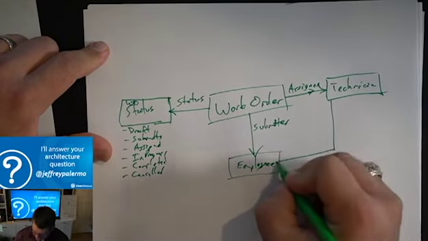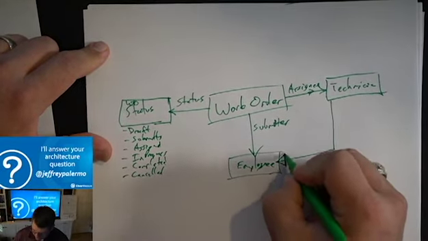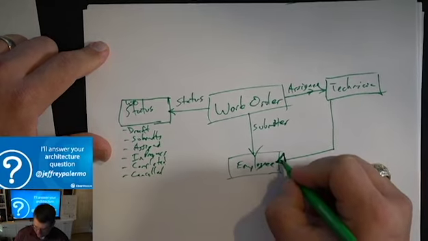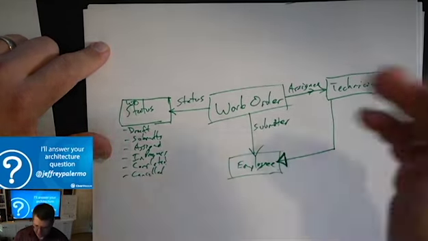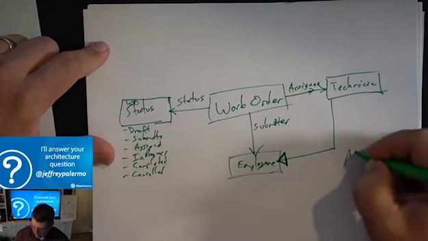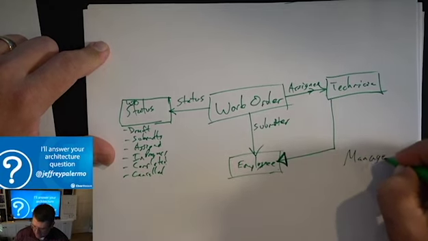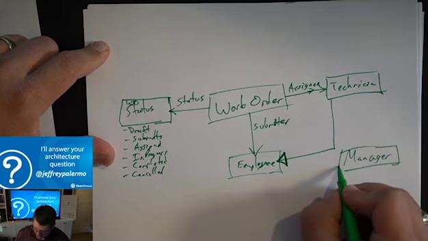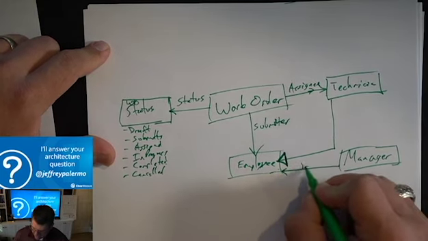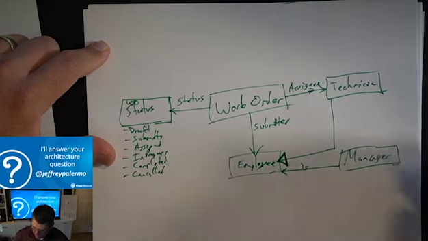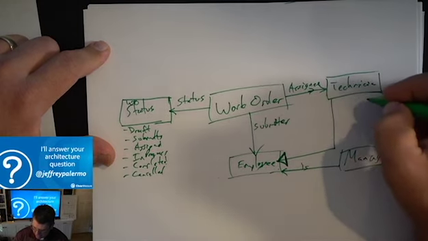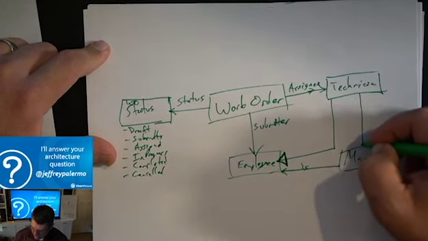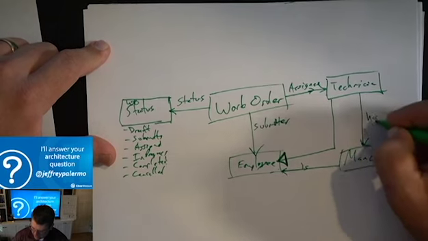So let's say there's an inheritance relationship, open triangle, and maybe later on down the road, with approvers and whatnot, we may have a manager. Well, a manager kind of is an employee. A technician has a manager, so we can do that.